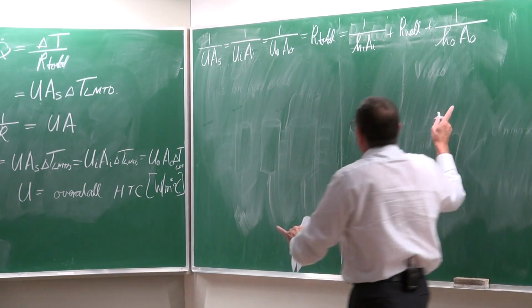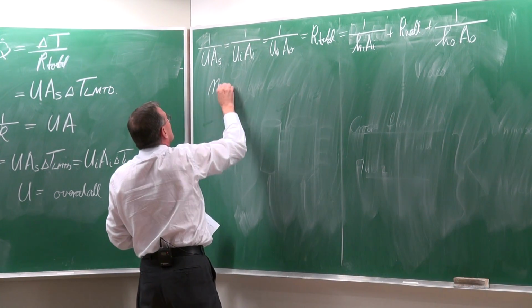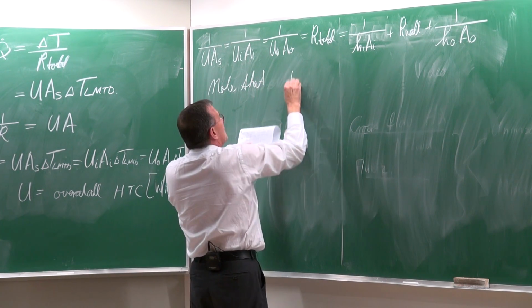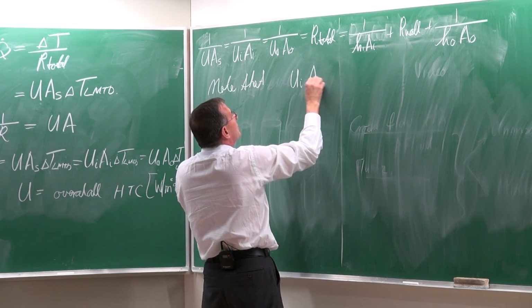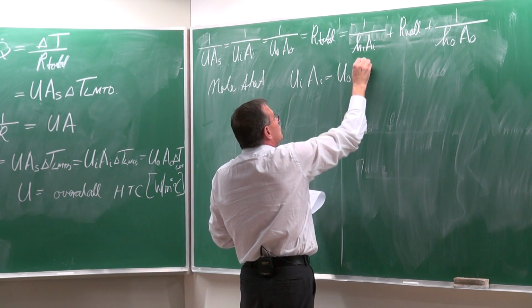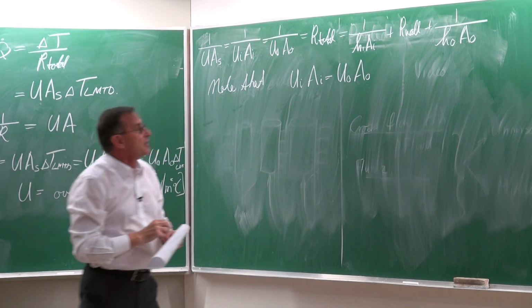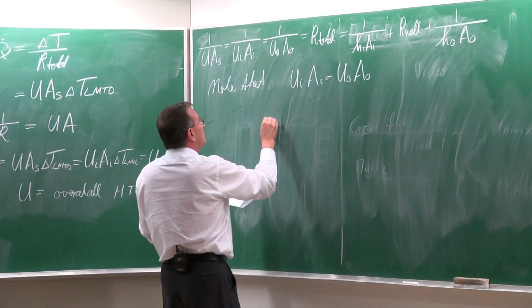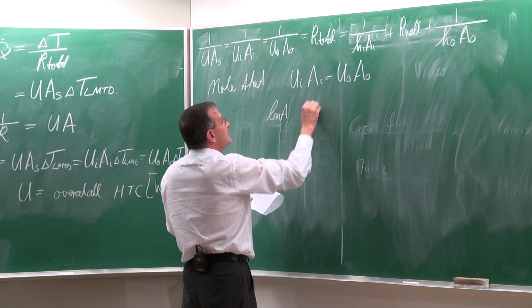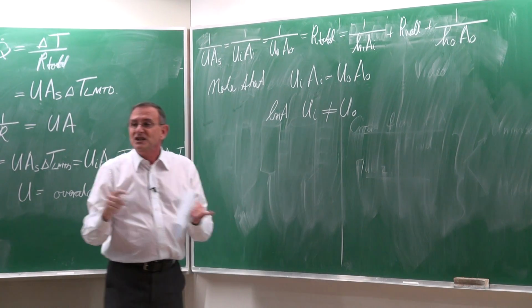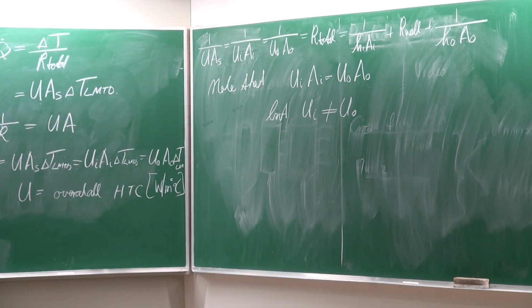Okay, so note that the overall heat transfer coefficient on the inside multiplied by the area on the inside is equal to the overall heat transfer coefficient on the outside multiplied by the area on the outside. But that doesn't mean that the coefficient on the inside is equal to the coefficient on the outside.